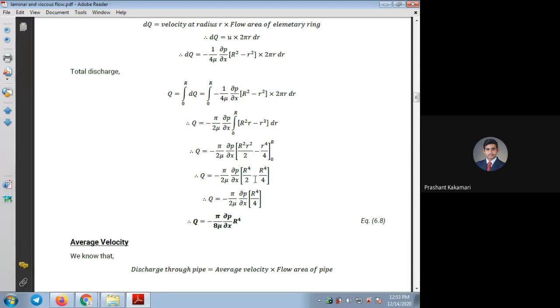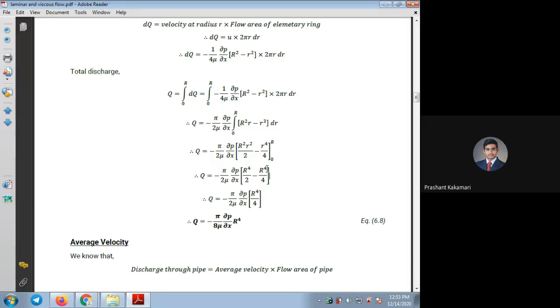Now if you take the LCM, I can write the total discharge equation in terms of viscosity as minus pi by 2 mu dp by dx into R raised to 4 by 4.